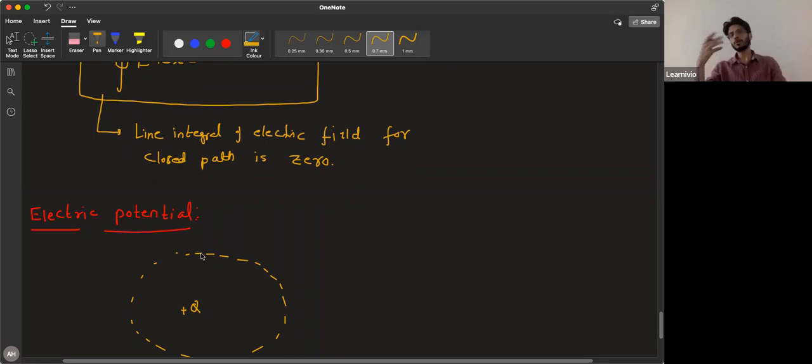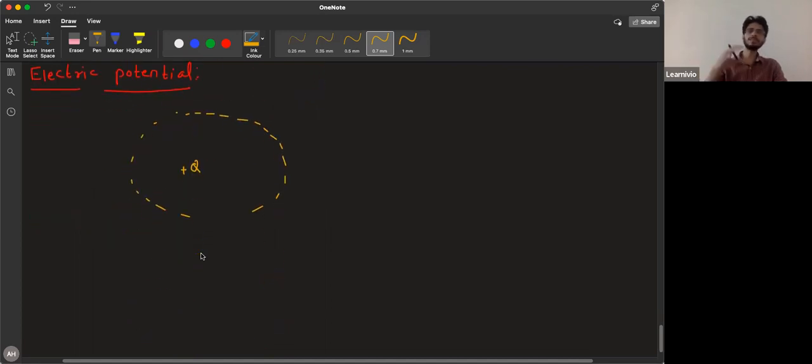Electric field is a vector quantity. So in one line, electric field represents the region in which the electrical properties of a charge exist. We can say that electric field represents electrical properties of a charge in vector form. Electric potential does almost the same thing. It also defines electrical properties of a charge. But electric potential is a scalar quantity. So it's like electric field, but the difference is field is a vector, potential is a scalar quantity.